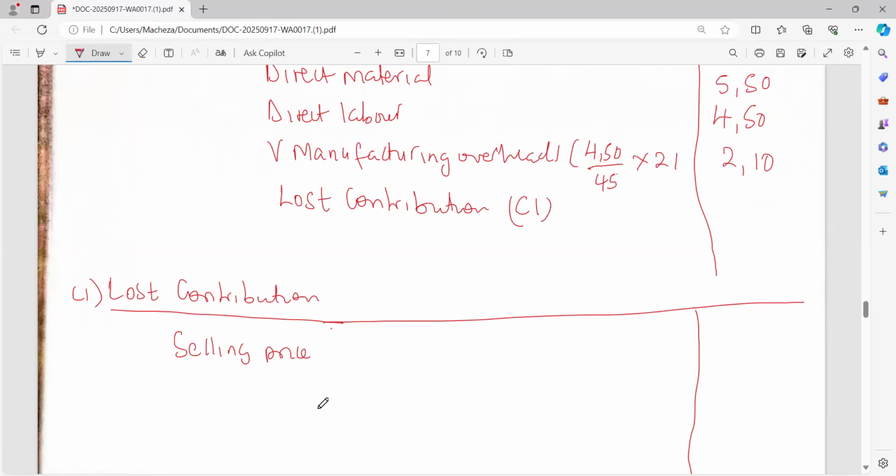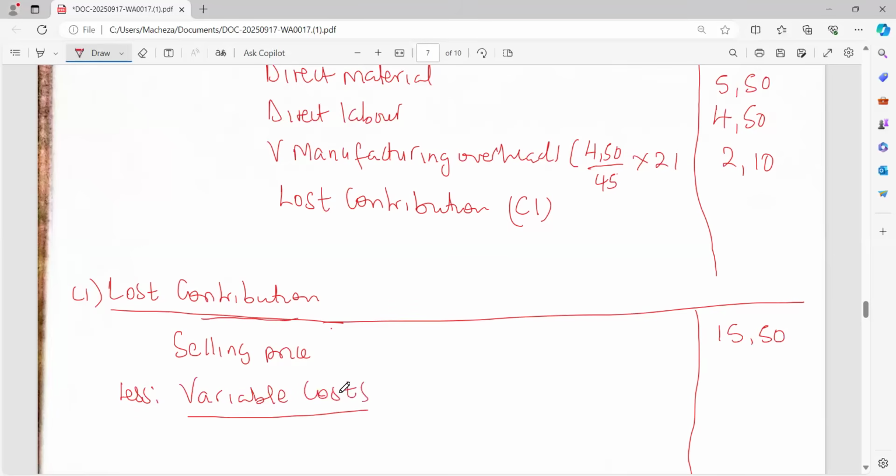It's going to be 15 Rand 50. Then you less a variable cost. Now we're calculating contribution, so we are going to say less variable cost. We're going to less all variables.